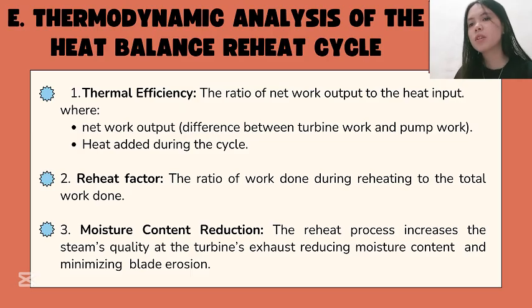First is the thermal efficiency, which is the ratio of net work output to the heat input, where the net work output is the difference between the work produced by the turbine and the work consumed by the pump. Next is the reheat factor, which is the ratio of work done during reheating to the total work done.